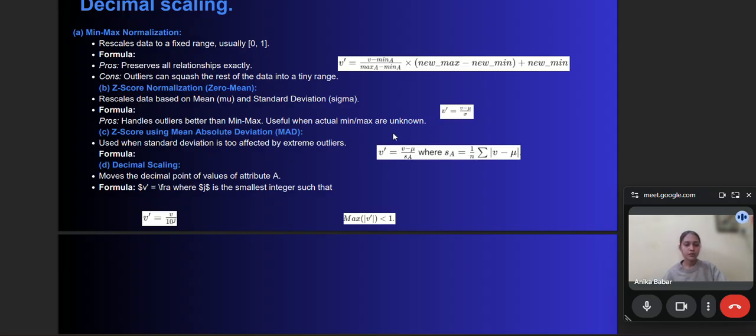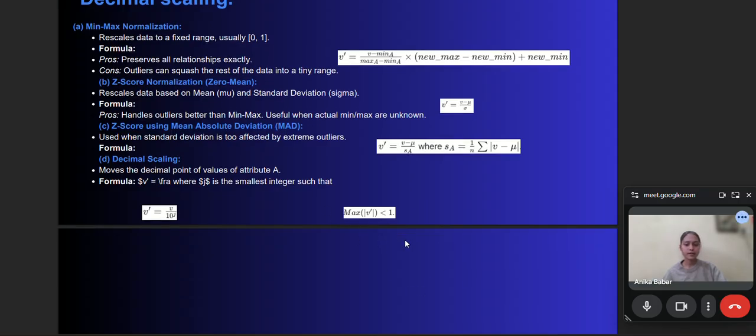So v' equals (v minus mu) by S_A, where S_A equals 1 by n summation of |v minus mu|. Next we have D, decimal scaling, which moves the decimal point of values of attribute A. The formula is v' equals v by 10^j, where j is the smallest integer such that max |v'| is less than 1.